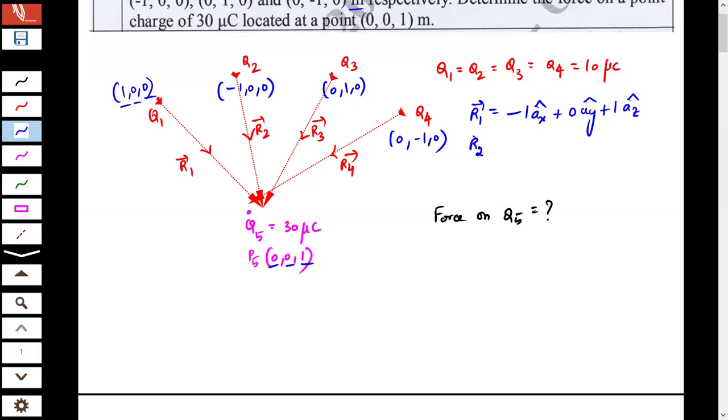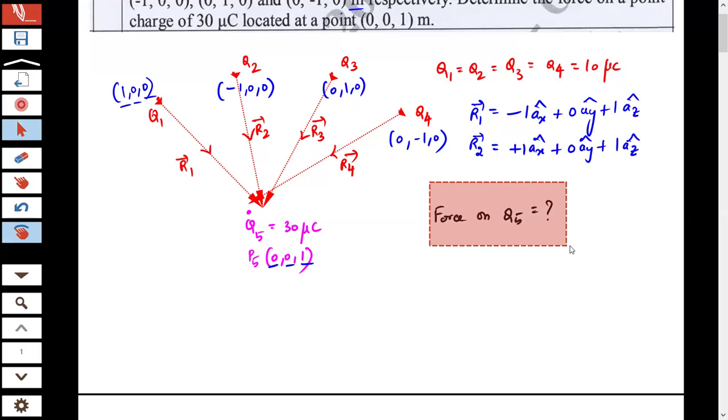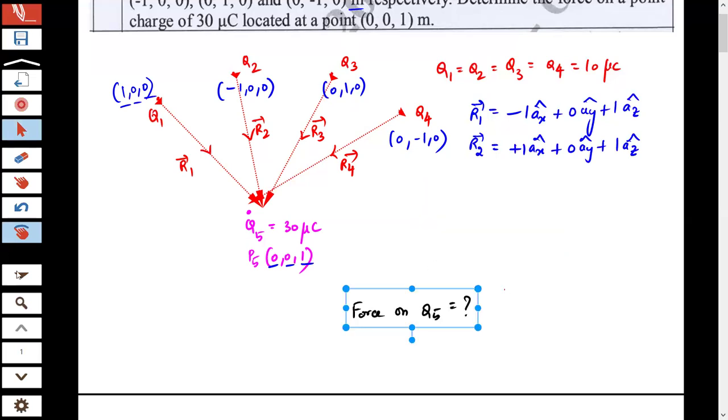Likewise, we should find the R2 vector. R2 vector coordinates are 0 minus of -1, which is +1 AX cap, then 0 AY cap, and then 1 minus 0, so +1 AZ cap. Similar to this, we should find the other two vectors also, R3 and R4.